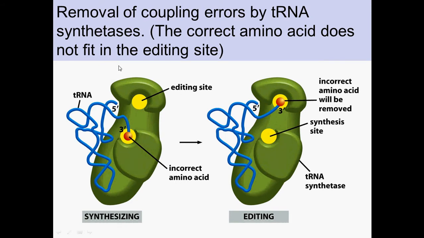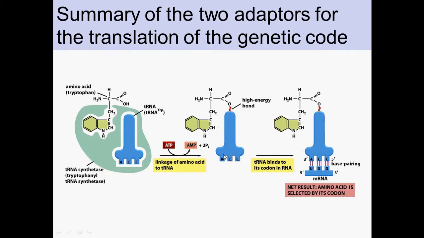So this is the tRNA synthetase, and if there's an incorrect amino acid, then the amino acid will be removed from the tRNA. Here's another diagram showing tryptophan being added to tRNA.